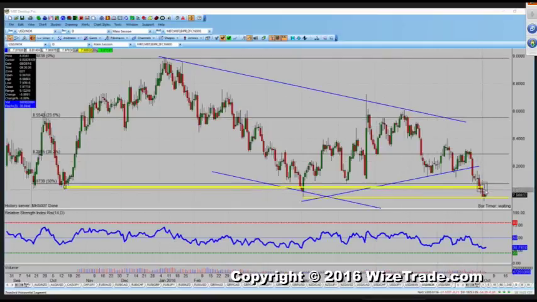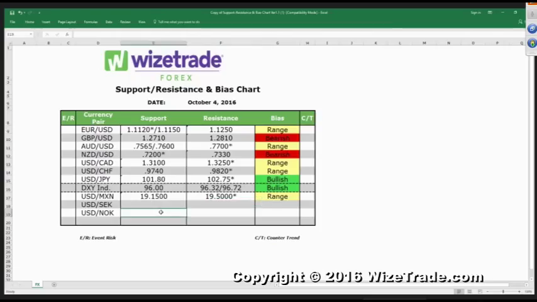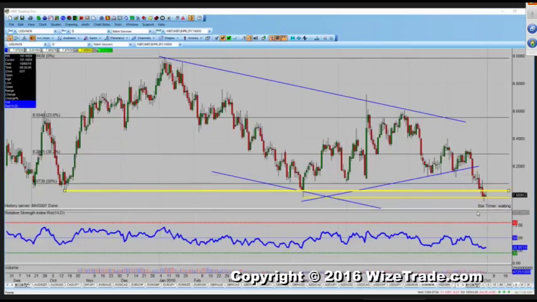The problem that we have right now is that we created a false breakdown, possibly yesterday. If we break back above 8.03, this thing's going to rip.